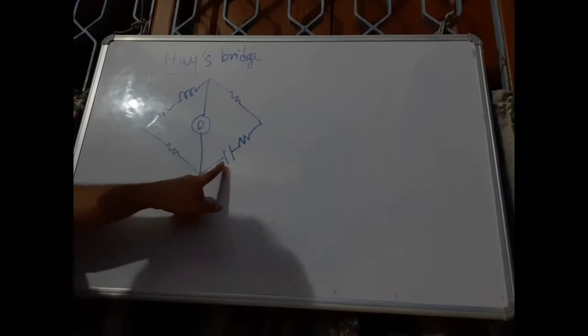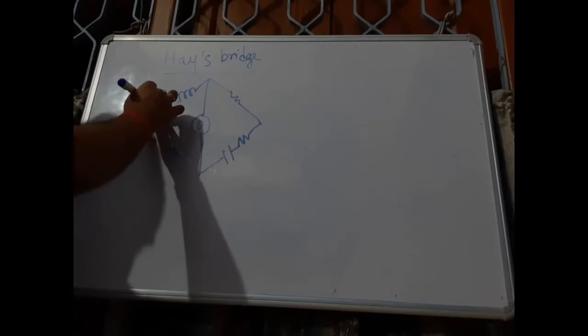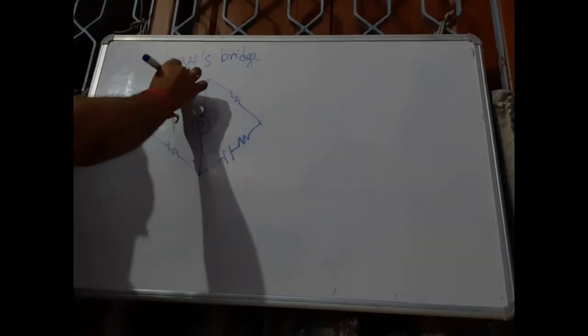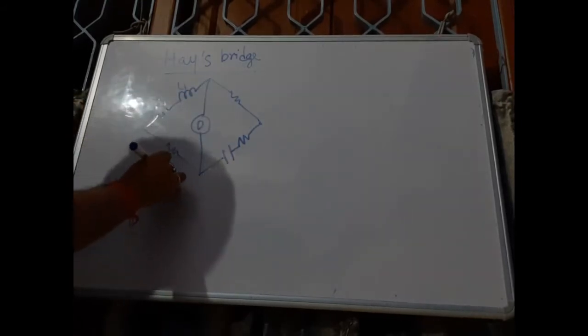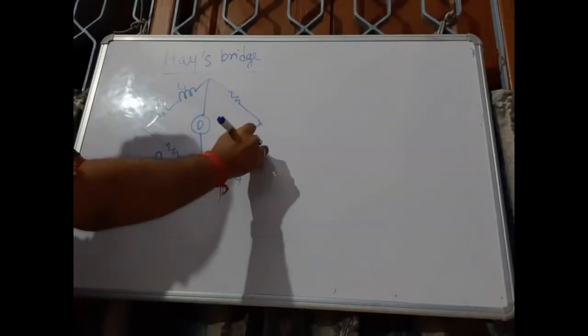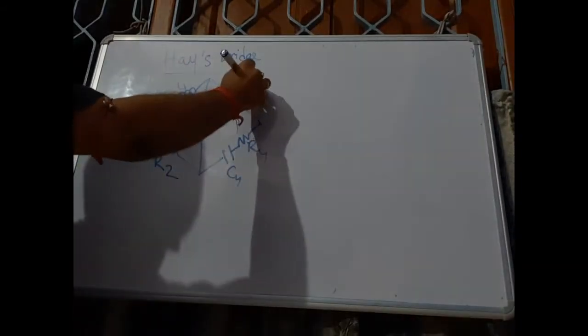Here the capacitor is connected in series. This is R1, this is L1, this is R2, this is C4, this is R4, and this is R3.